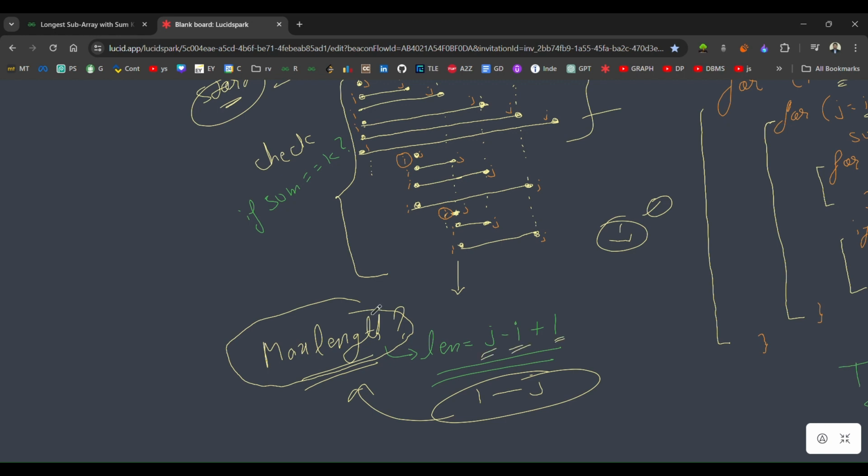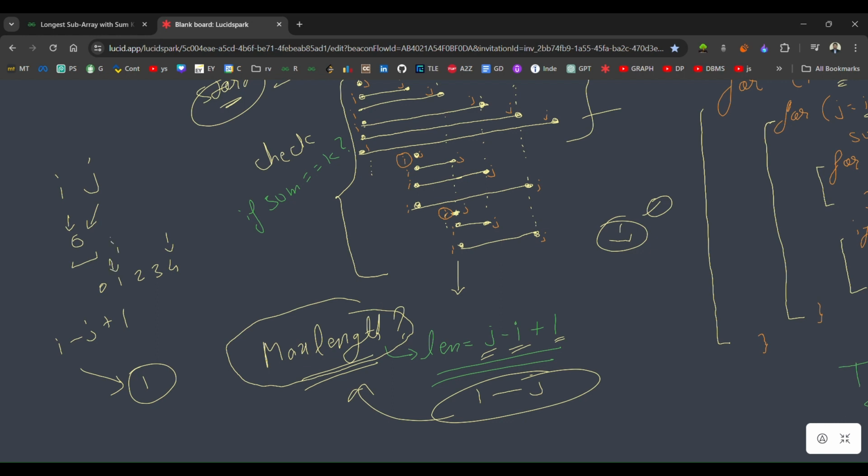How? Let's say i and j are pointing to a single index, let's say the 0th index, right? So i will be 0, j will be 0. So in this, length will be j minus i plus 1. It gives 1. Let's say i is pointing to 1 and j is pointing to, let's say, 4, right? 0, 1, 2, 3, 4.